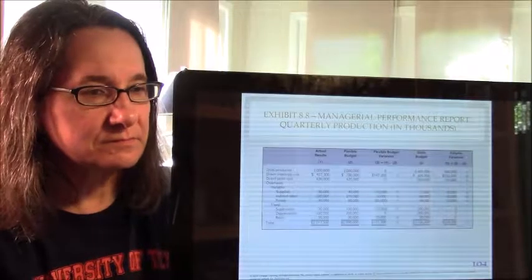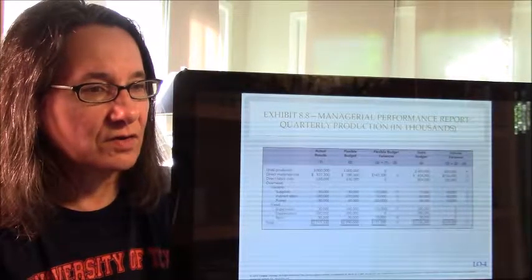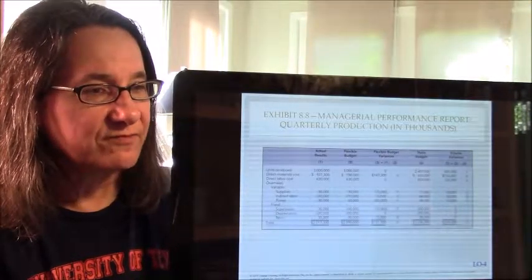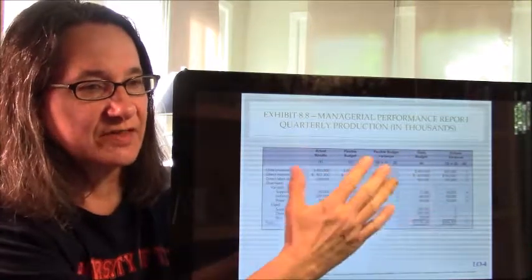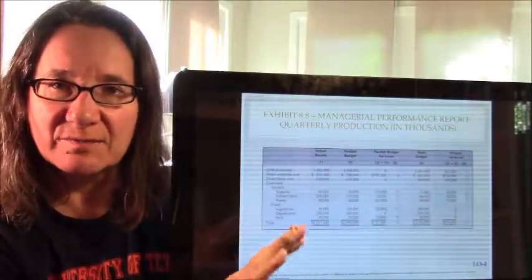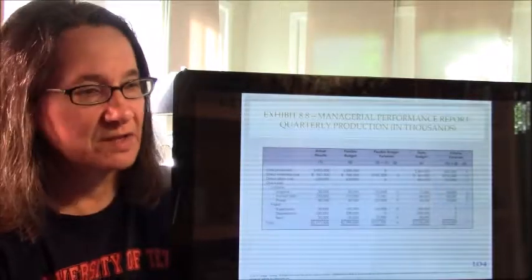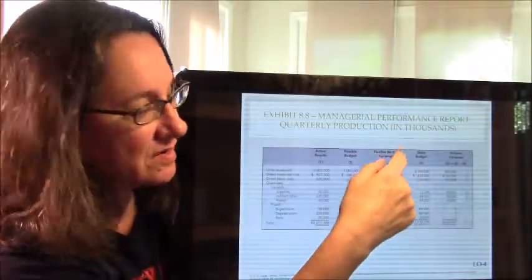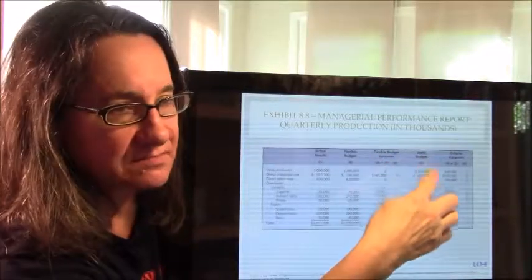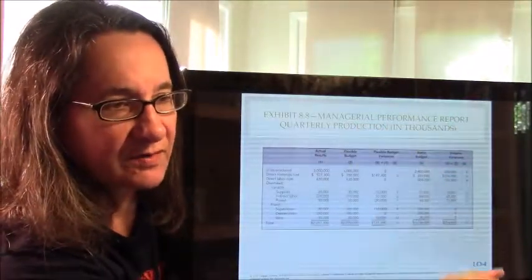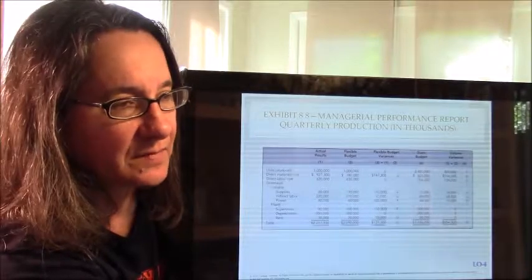And when we flex the budget, we can start to determine other variances. So we're going to save most of this for chapter 9, but it's important to understand that we have a static budget, right? We predicted we would sell 2,400,000.